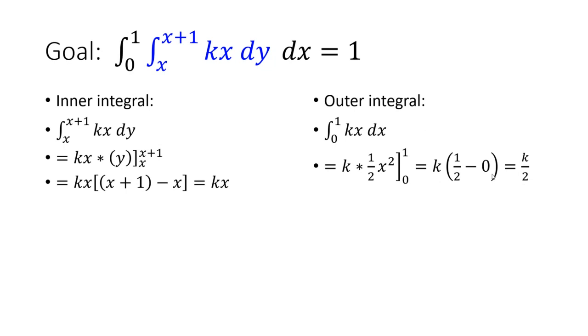And remember that our goal was for this whole thing, this double integral, to equal 1. So now we have that k over 2 must equal 1, so k is equal to 2. Questions about this?